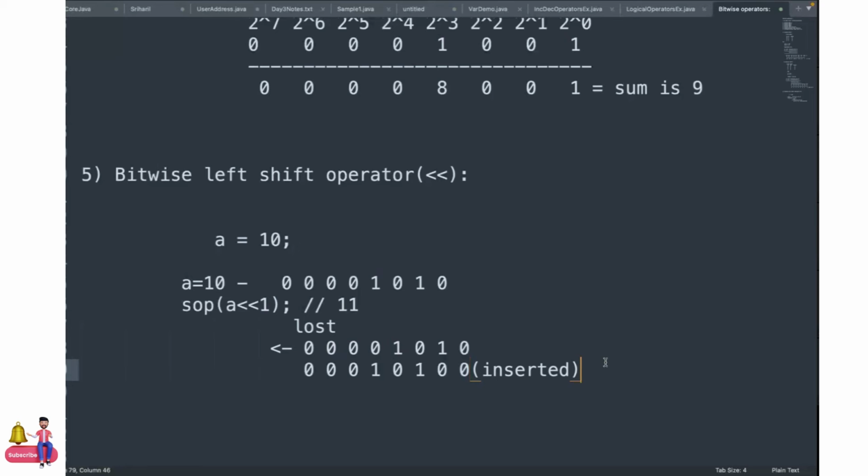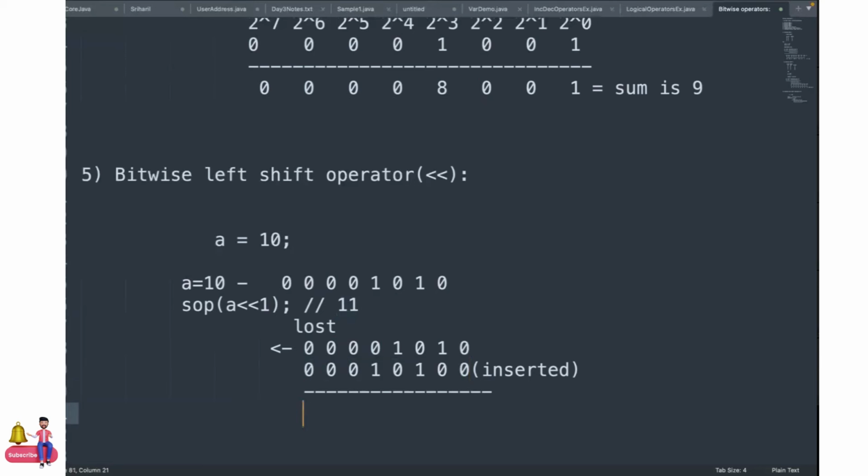Now what is it that we are able to get? Once I move 10 towards the left by one position, what is the number I get? 0 0 0 1 0 1 0 0. Now if I convert this into decimal again, what is the value I'll get? Let's see whether it gives us the number 11 or not.